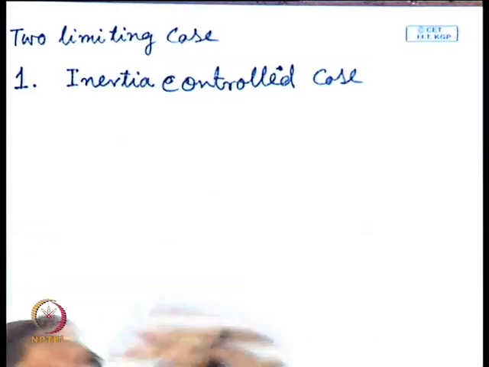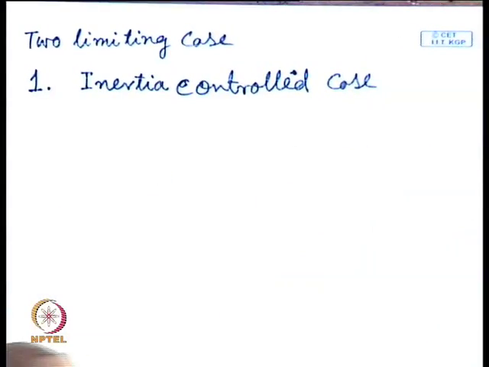This is the initial phase of bubble growth, where the growth is controlled by its inertia. Of course, we will discuss more about it. Generally, at this phase the bubble growth is quite fast.